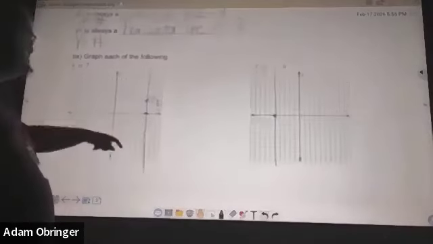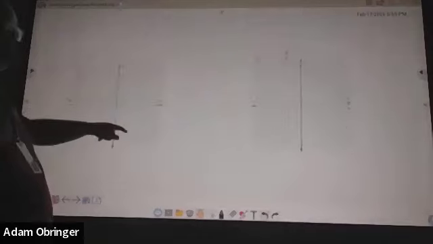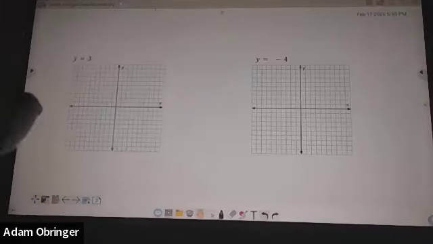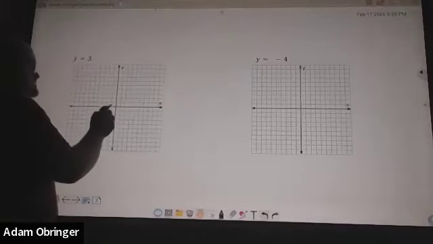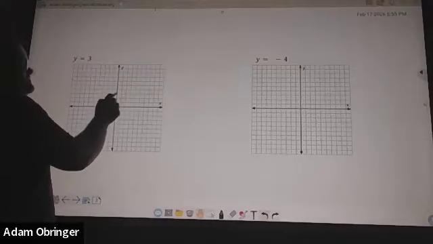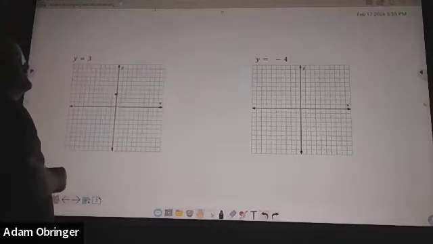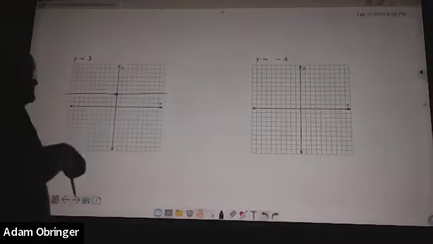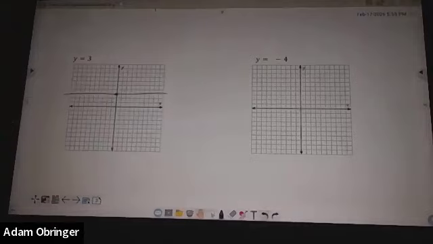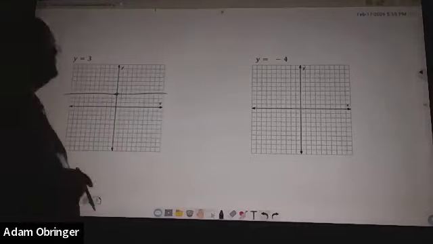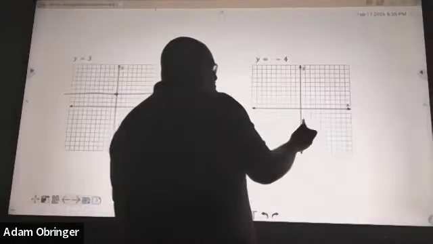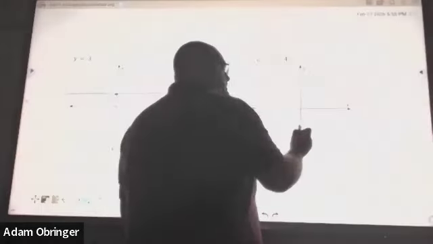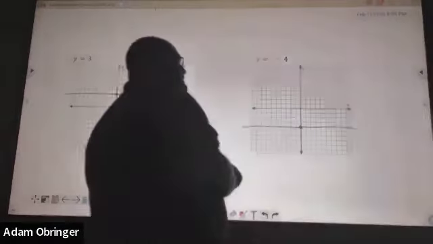If y equals 3, the only feasible spot is at 1, 2, 3, and then I would have a horizontal line so that I don't go up and I don't go down. I'm staying perfectly at 3. Same thing with -4. This one is at 1, 2, 3, -4, and then I draw a horizontal line.